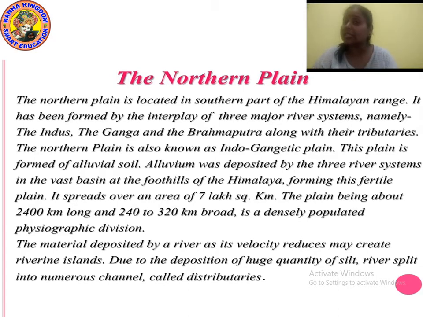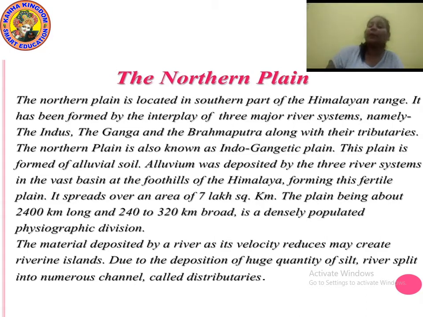And why is it densely populated? Because of the fertile land and the water. The three main necessities of human beings, food, shelter, and clothing, and all other necessary things are easily available here.